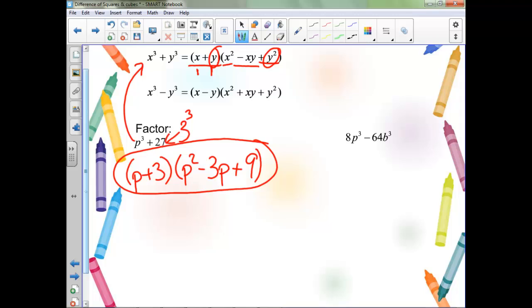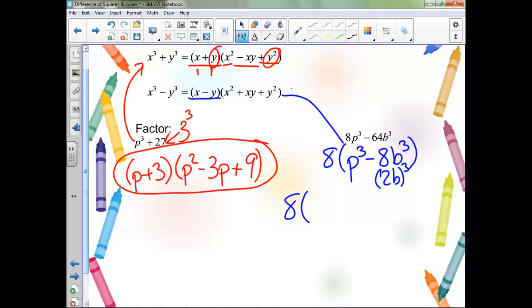On this second one, so notice first we can factor an 8 out from both of these. And now this is 2b cubed right here. So I'll have this 8 out front, but we're still following this pattern.